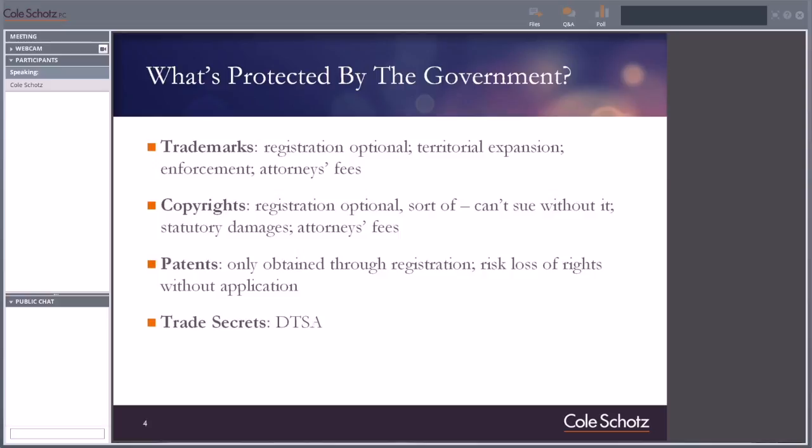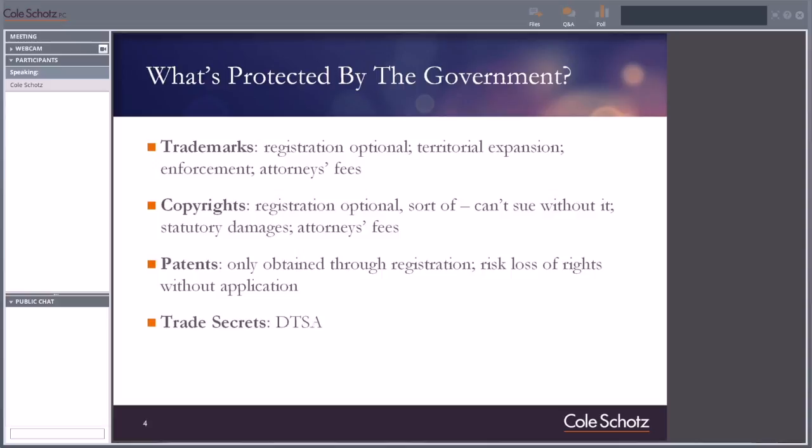The default rule in the United States with respect to the costs of litigation, and specifically attorney's fees, is that you do not get them unless you have a contractual right or there's a specific statute that gives you that possibility. It's not guaranteed, but with trademarks and copyrights and patents, registration does bring the possibility of recovering fees.